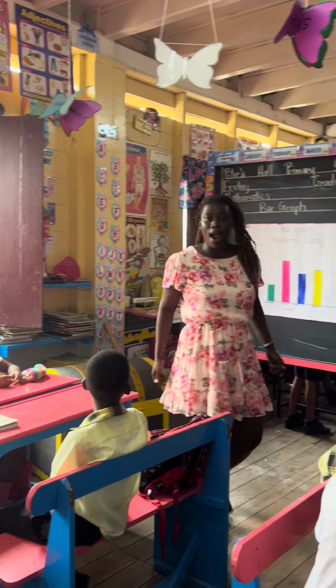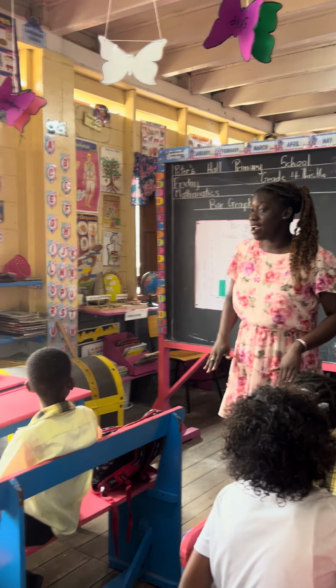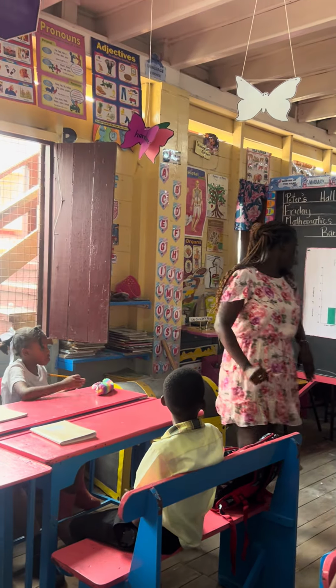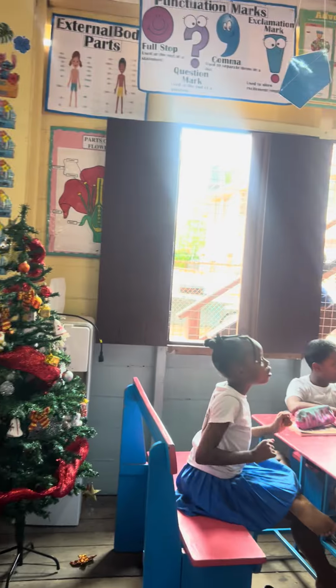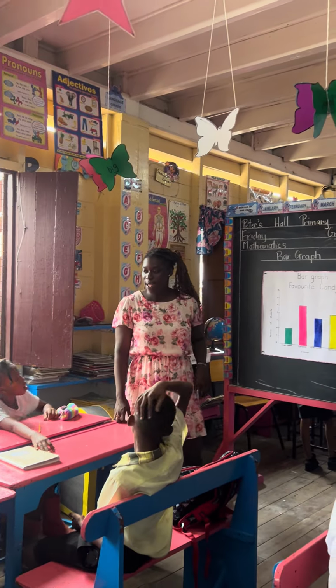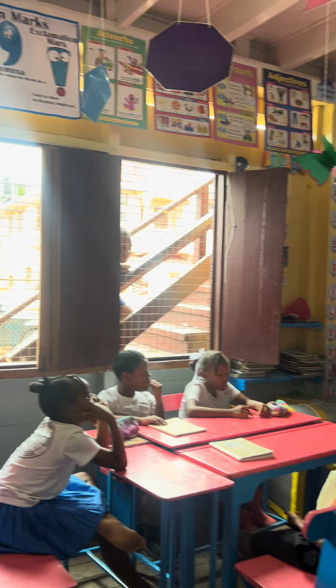And then we say bar goes down when there's less. Okay. So which one would you say have the least? Yes, Natalia. Green apple has the least. It has the least amount.